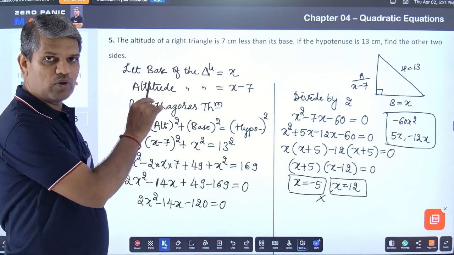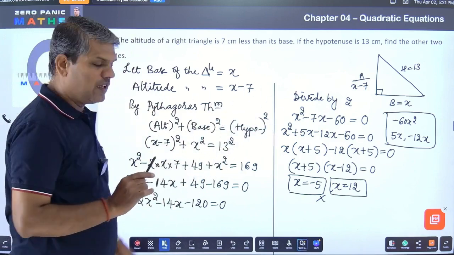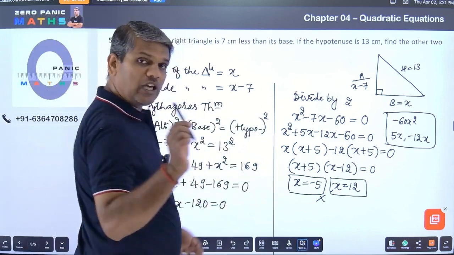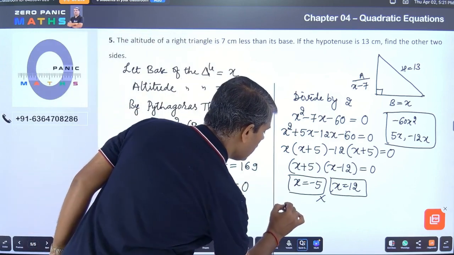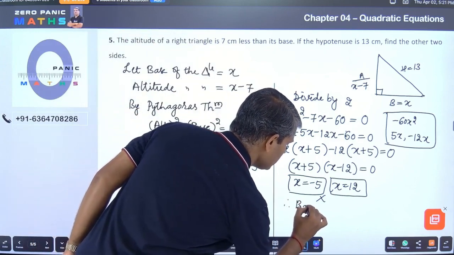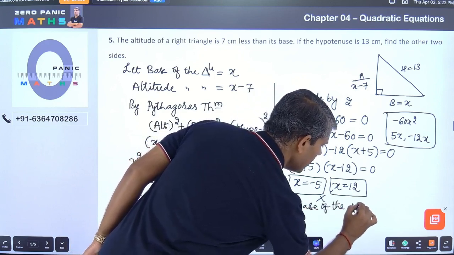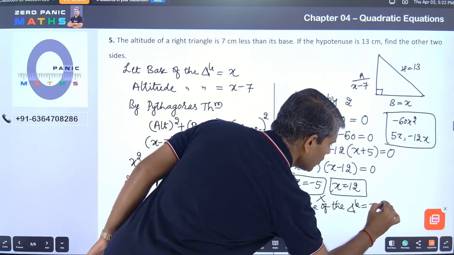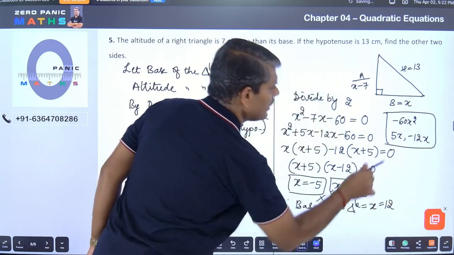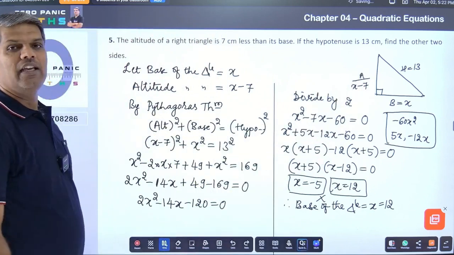For this equation it is fine. Therefore, base of the triangle x is equal to 12. You can substitute that and verify that.